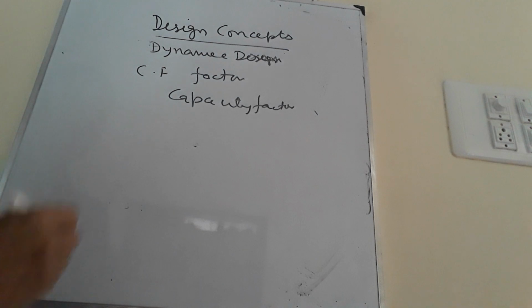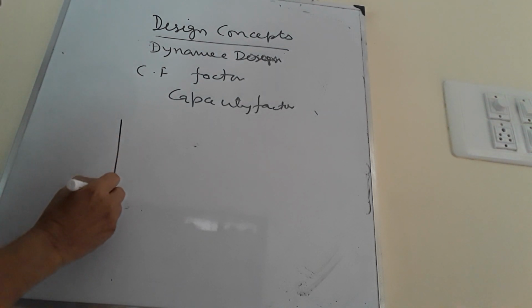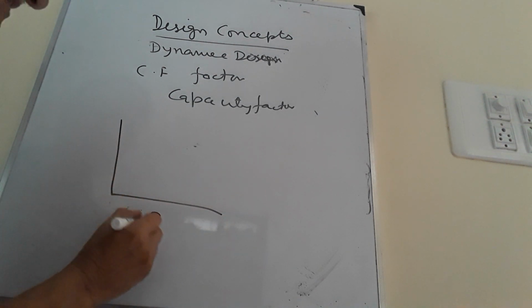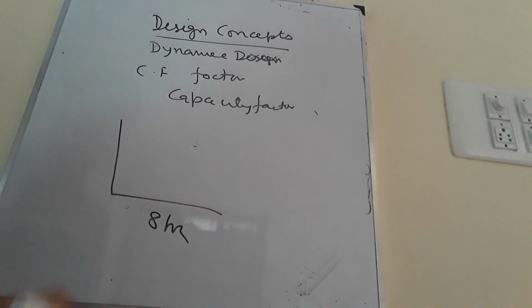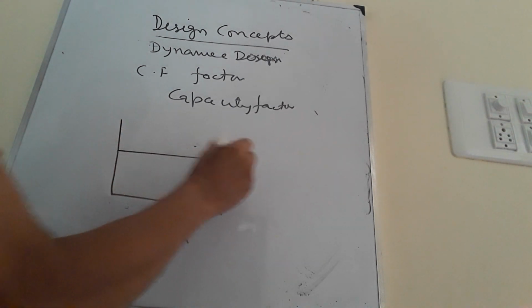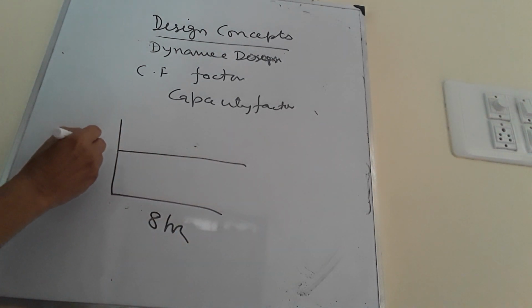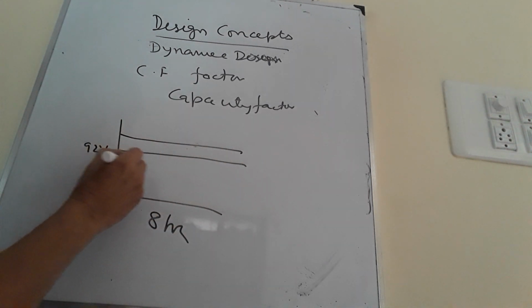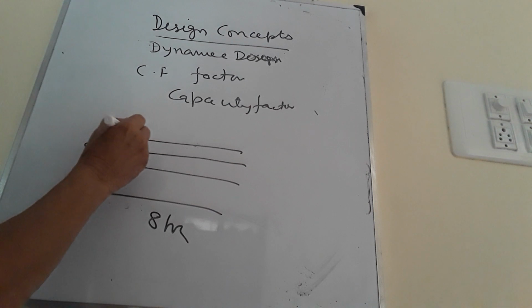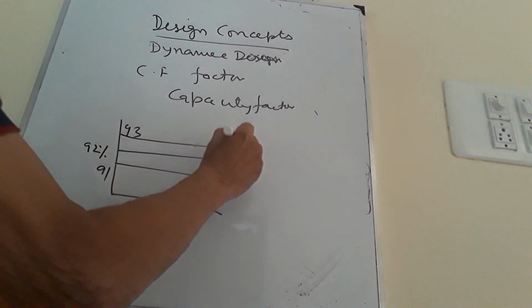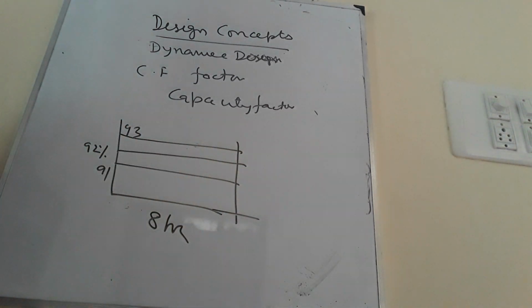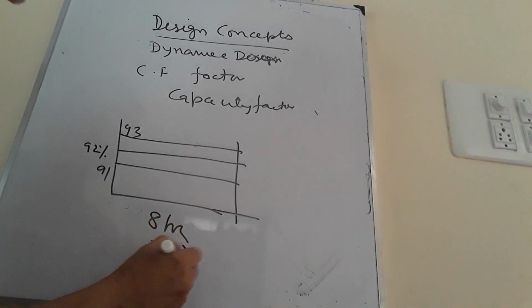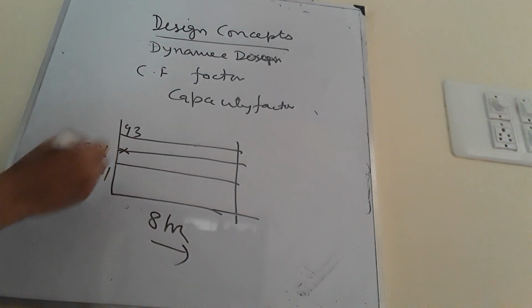Now, suppose we have an 8-hour shift. We have three 8-hour shifts, and suppose I want a product of composition, say 92% purity. This is the 8-hour shift, and this is my desired composition, 92%.